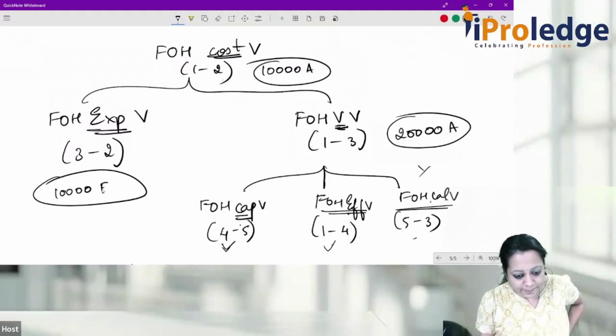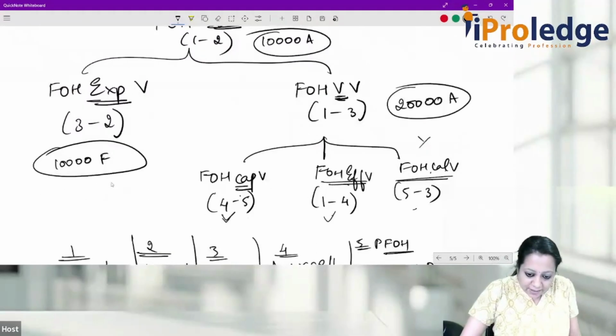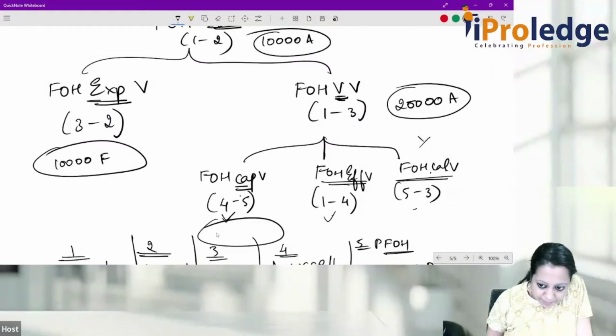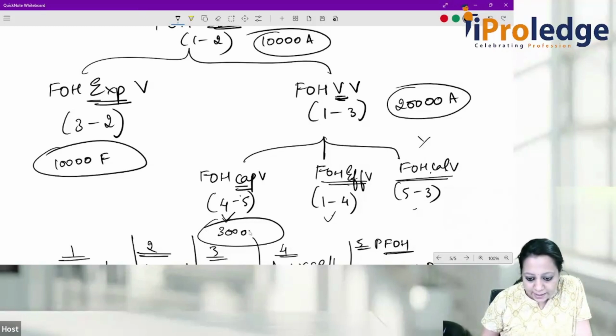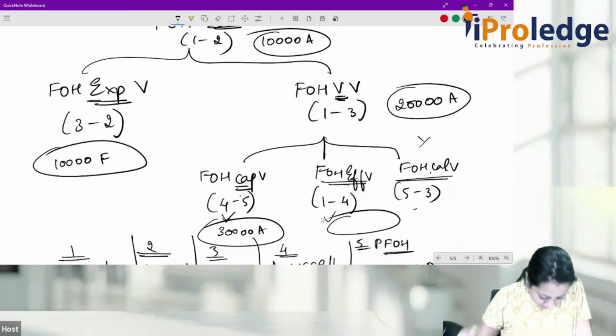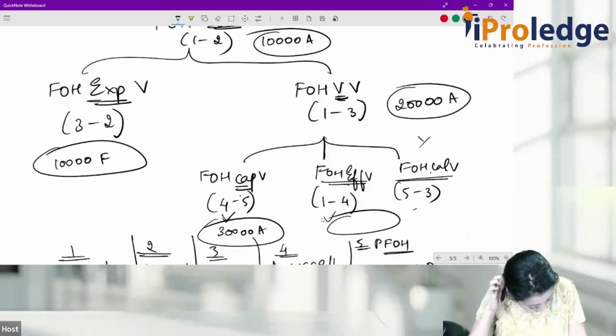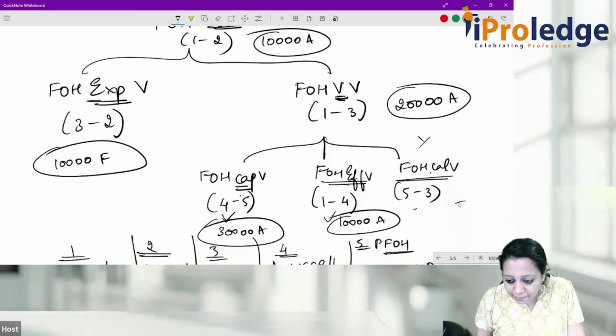Yes, ma'am. Capacity variance 4 minus 5, that is going to be 30,000, no? Adverse, no? Yes. 30,000 adverse. 1 minus 5, 10,000 adverse? Yes. And 5 minus 3 is 20,000 favorable.